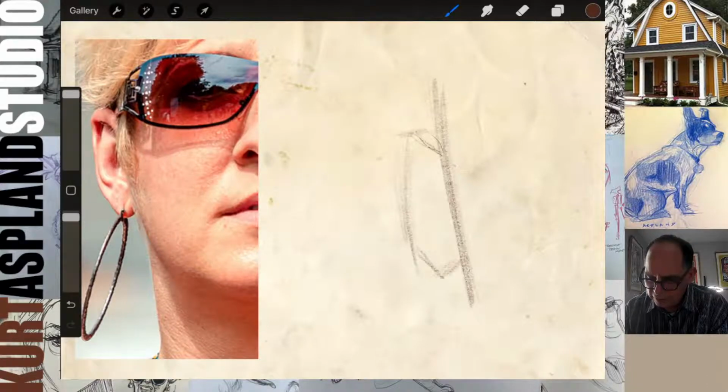Okay, let's draw that snake. Let's draw that snake body. I'm looking at the picture, and sort of not, just bringing it around here like this. Drawing it lightly.